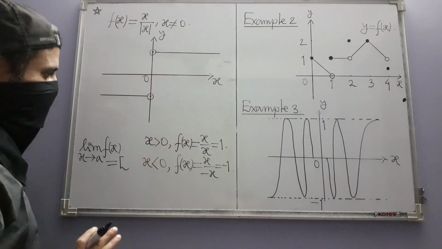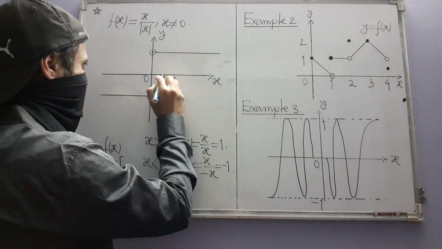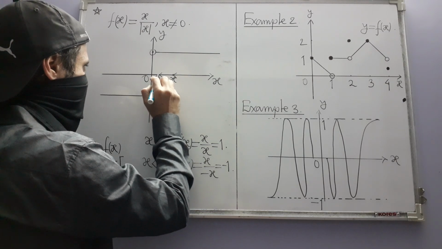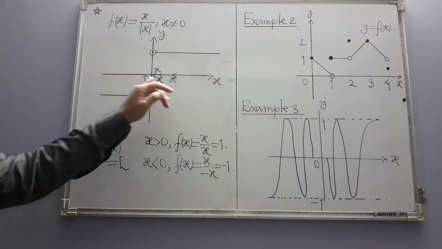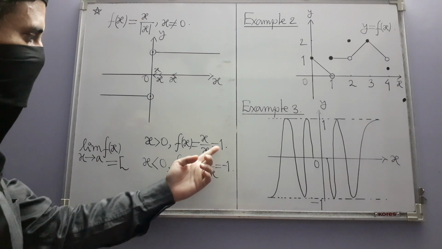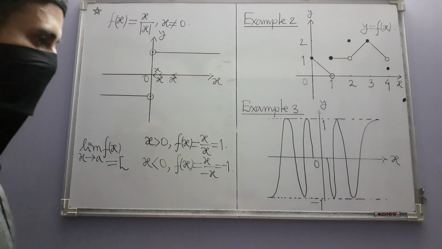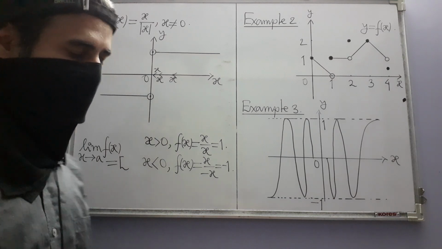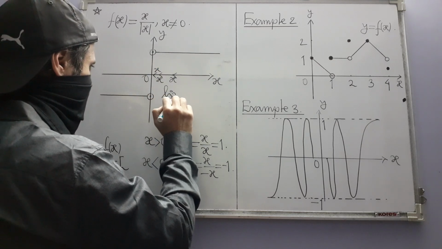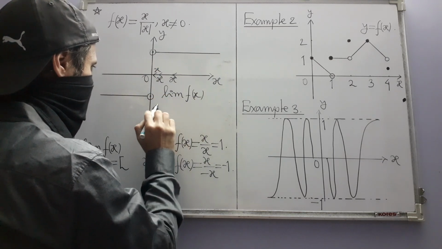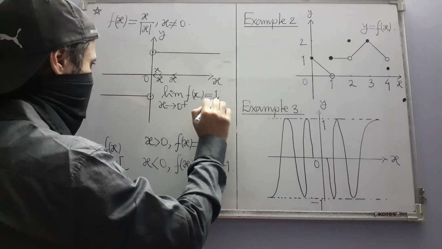So here also informally if you think like that, say your x is here and then you take it closer and closer to 0. X stays positive, so the value is constantly 1, and so the f values are constantly 1 means they are approaching 1 as well. So that is why for this function the right hand limit at 0 is 1.